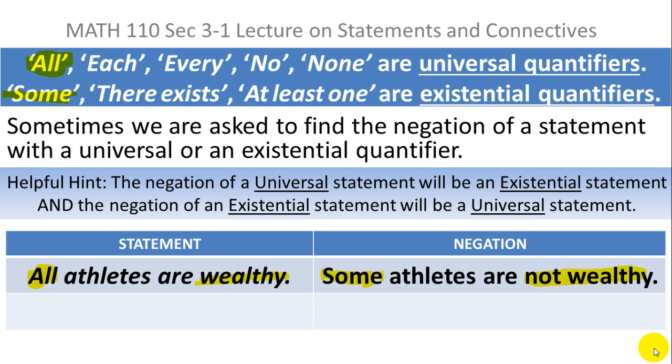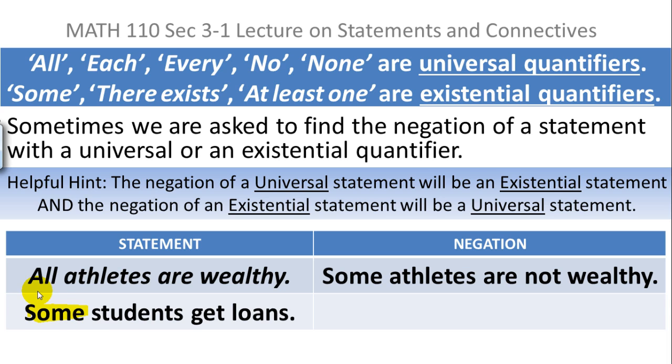Let's try another one. This time let's start off with a some. Some students get loans. Now that some is down here in the existential quantifiers. So what I'm going to come up with on the other side is one of the ones from the top.